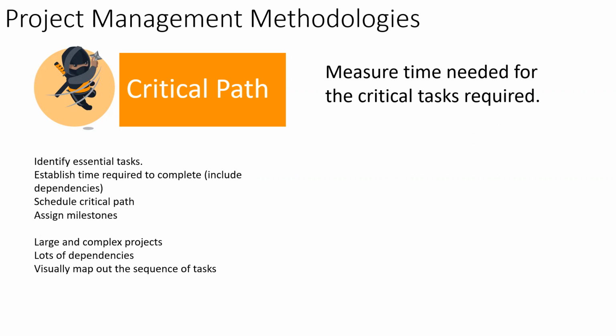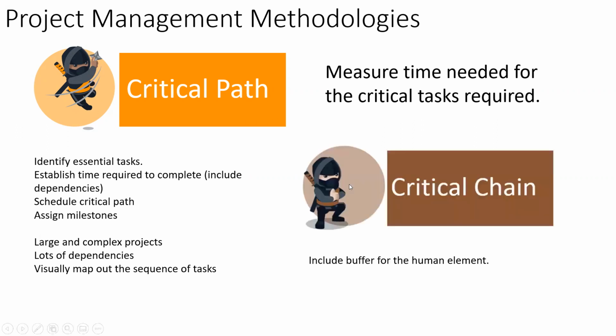Okay, so the critical chain method is very similar to the critical path. I'm not going to go into a lot of detail, but broadly speaking, the critical path will show you the minimum time or the maximum time for how long it takes tasks to be complete.